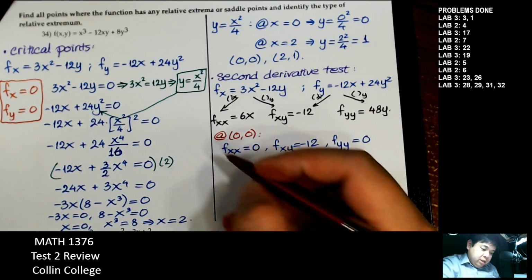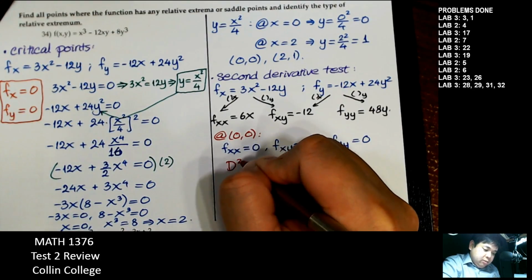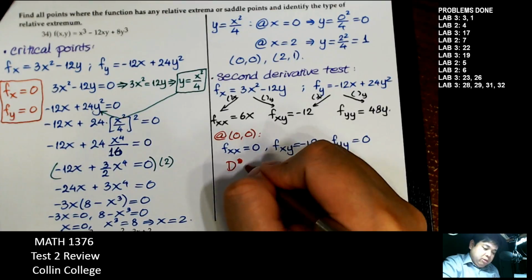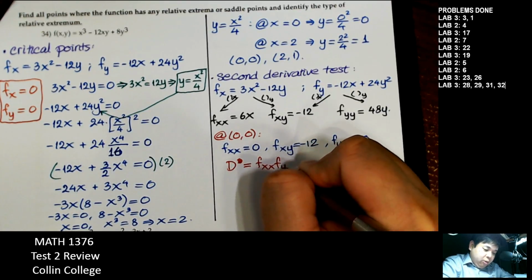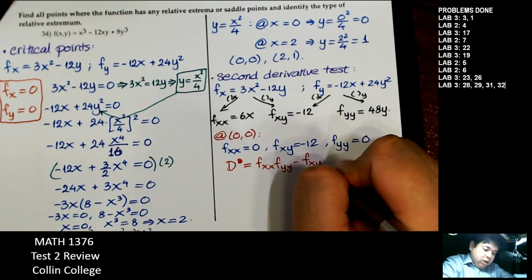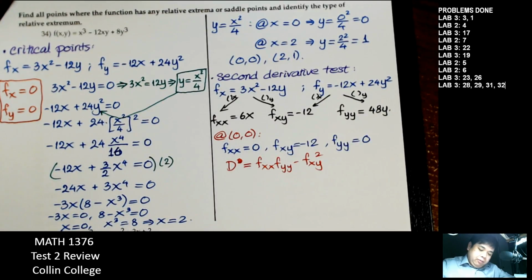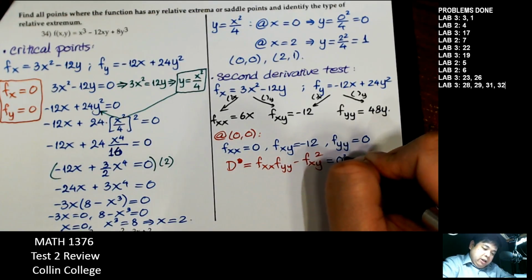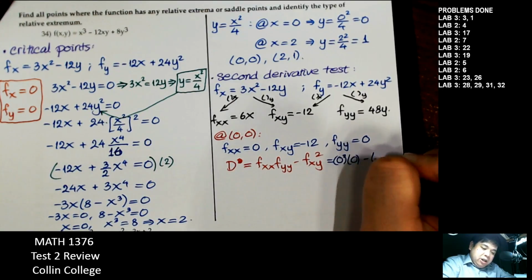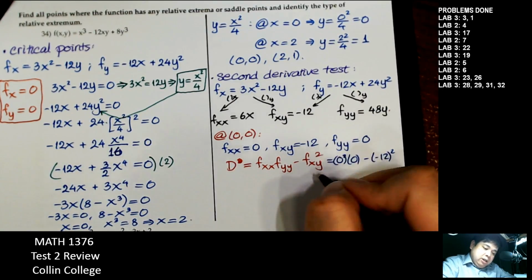Then I do the discriminant, just D. Fxx times fyy minus fxy squared. So 0 times 0 minus negative 12 squared.